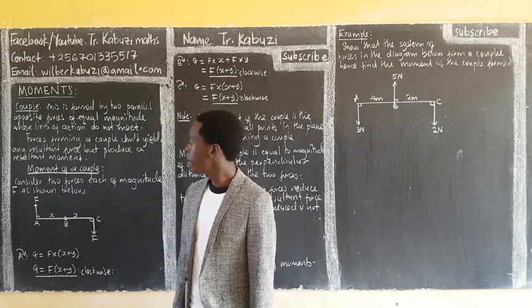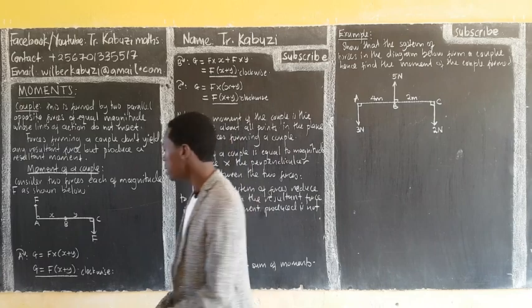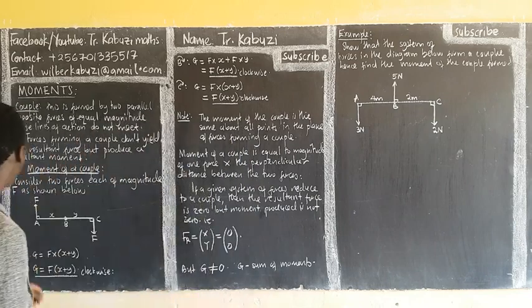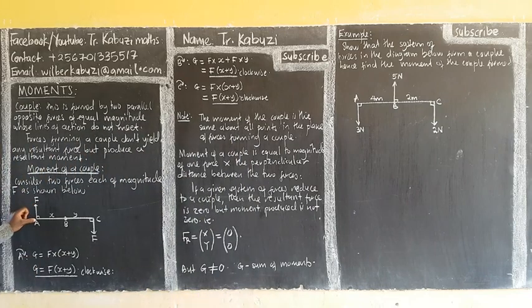Now, if we take moments about A, you see that this one, first of all, is going to be zero because F times zero is zero. Then, when I take moments about A, this is going to be clockwise F, plus the other F times the perpendicular distance from this point.